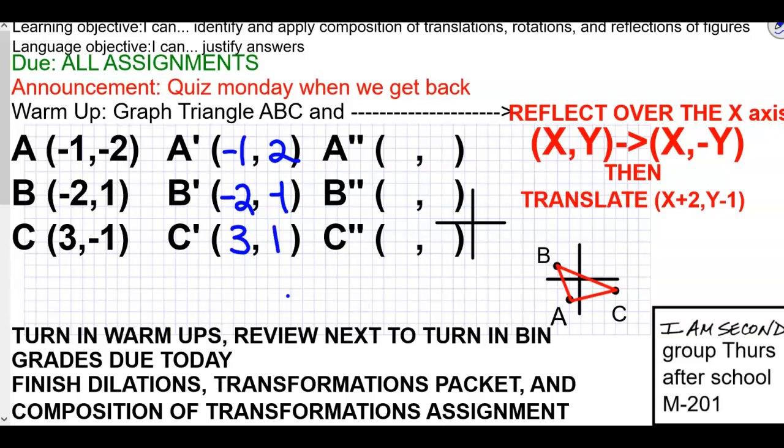Now we're going to plot those over here. So -1, 2. As you know about plotting, you start at the origin. The first number is the x-axis, so it's going to go left or right, depending if it's negative or positive. So you're going to go -1 from the origin, up to 1, 2, right there, and you're going to label it A prime.